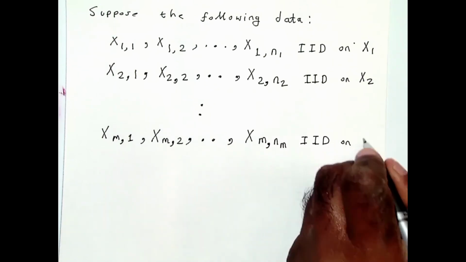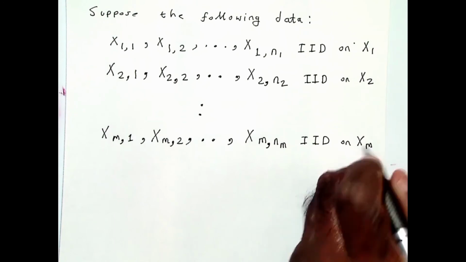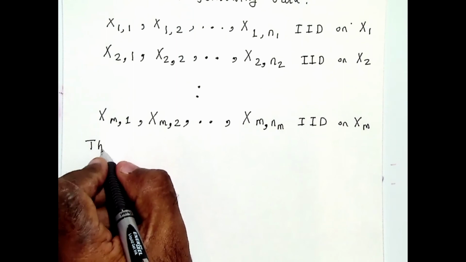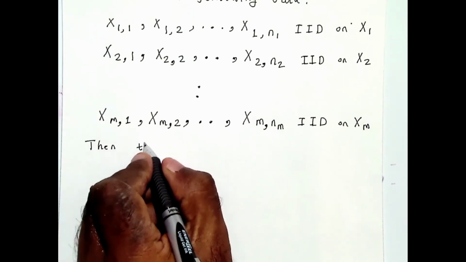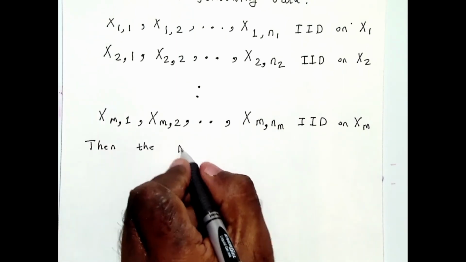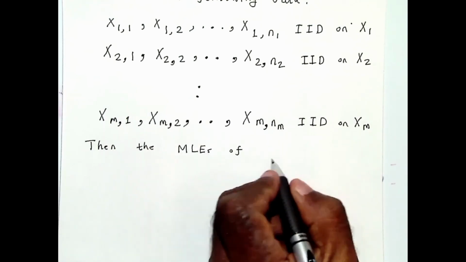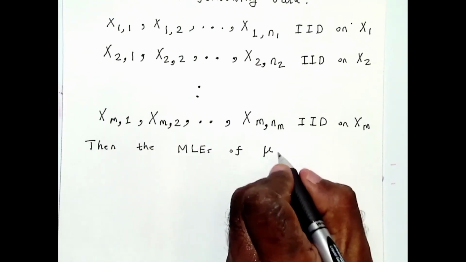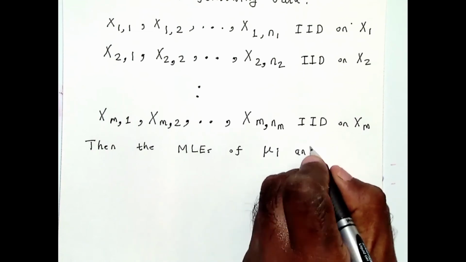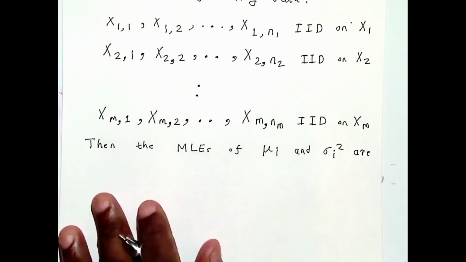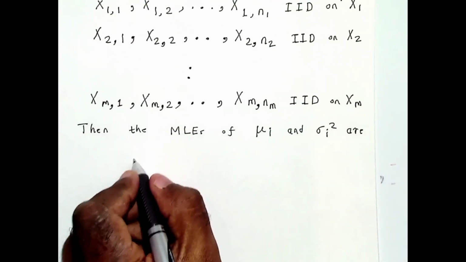So these are the data on the loss on the mth investment. Then it can be shown, once again, I need to refer to the second year course, the MLEs of mu I and sigma I squared are as follows.